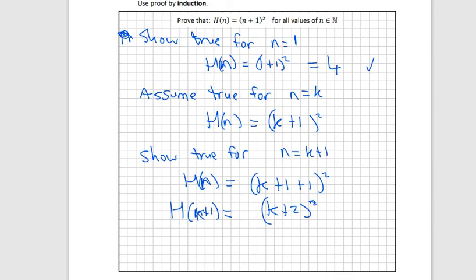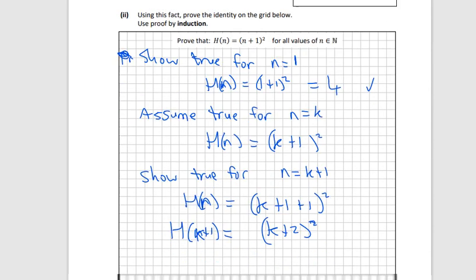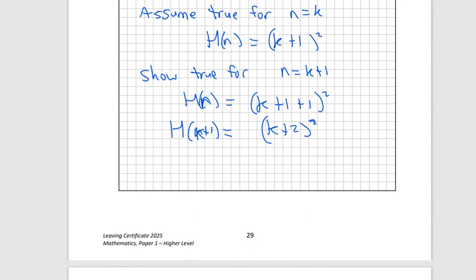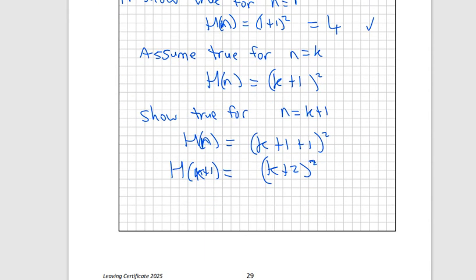Now we already know, they told us in the last bit what h of k plus 1 is. So h of k plus 1 is hk, which is the thing we assumed.